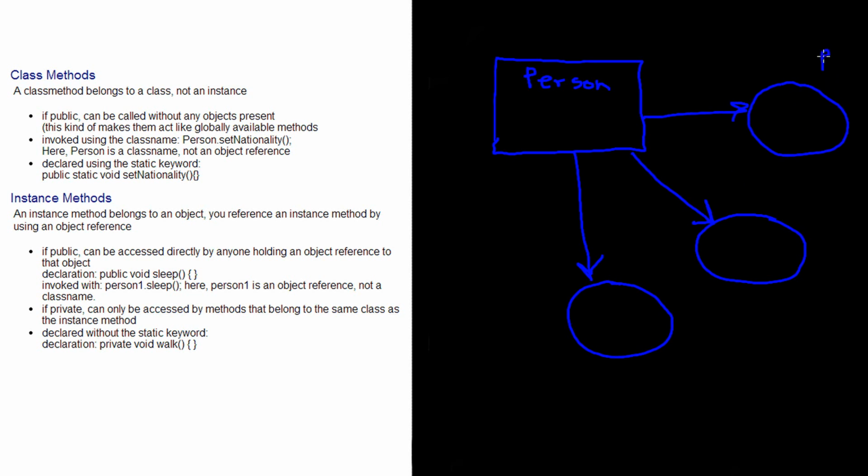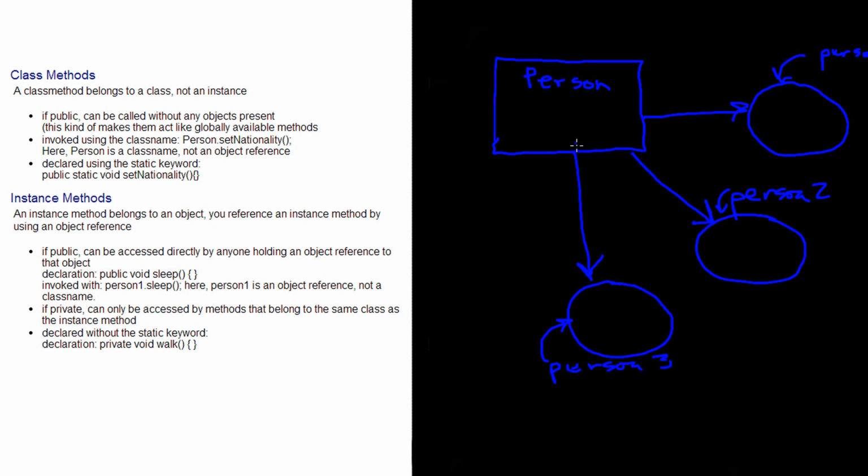So let's say this is person 1, and we have person 2, and person 3. These references point to the objects, that way we can talk to them and call them once we've created them.